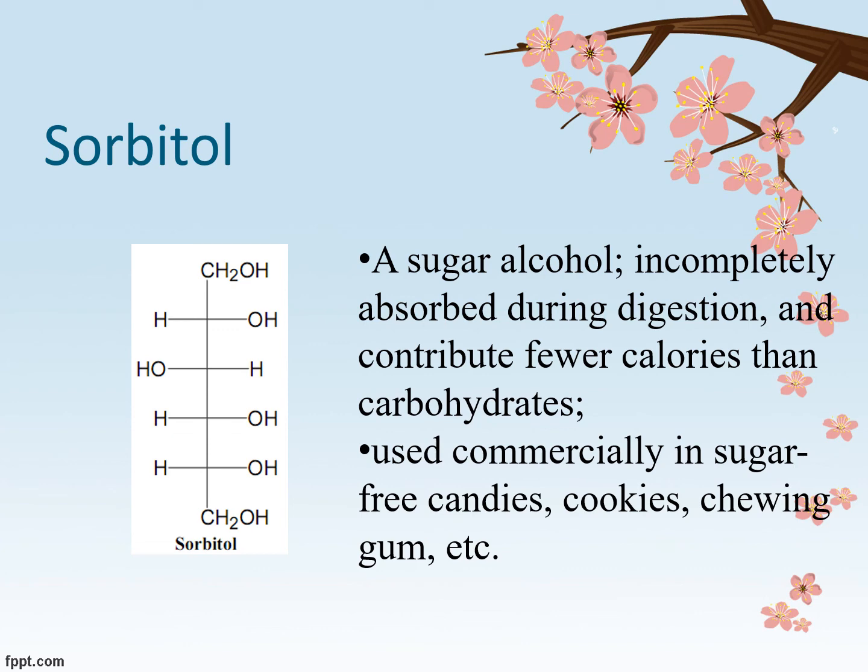So next one is sugar alcohol. One example of sugar alcohol is sorbitol. Other types of sugar alcohol, normally if you find a word ending with the letters ol, like mannitol, xylitol, these are examples of sugar alcohol.